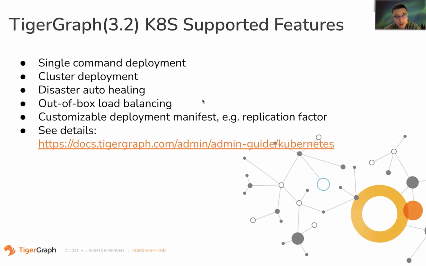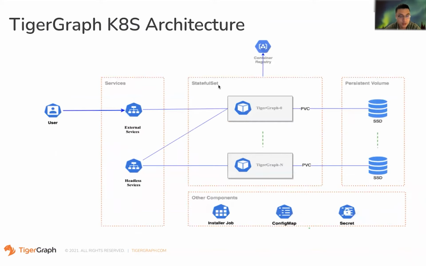This is the overall architecture of TigerGraph on Kubernetes. In the middle, TigerGraph database instances are running as stateful sets. Stateful sets is a concept in Kubernetes where the pods are associated with what we call persistent volumes.